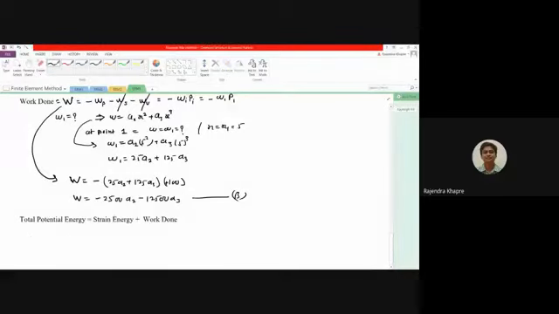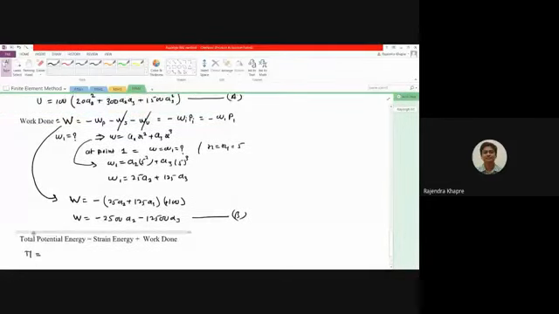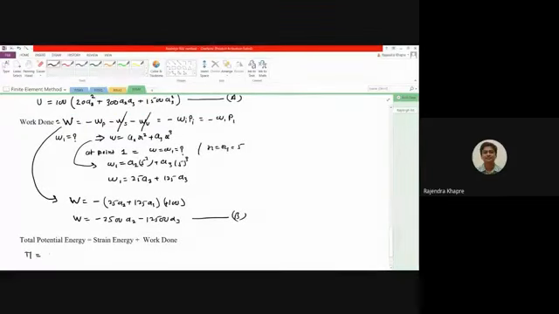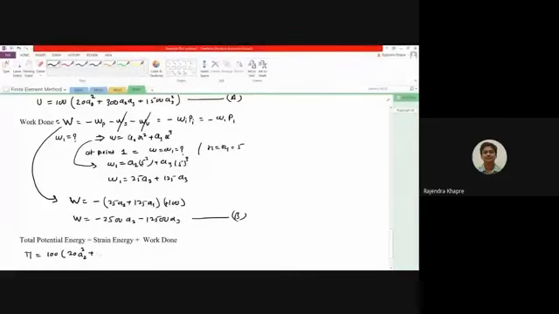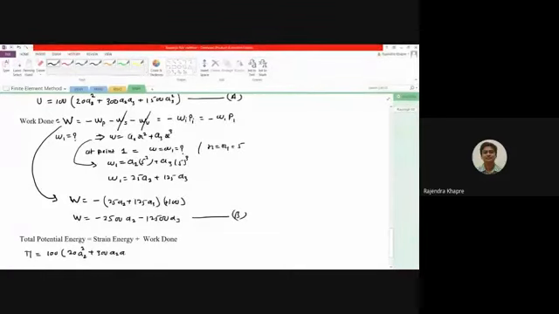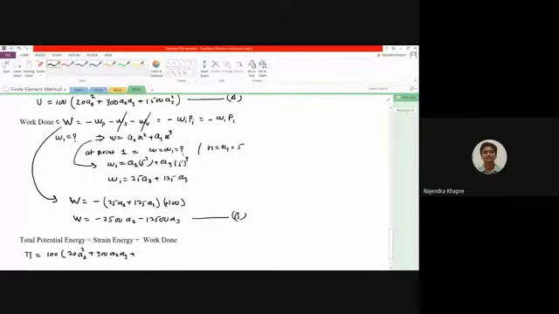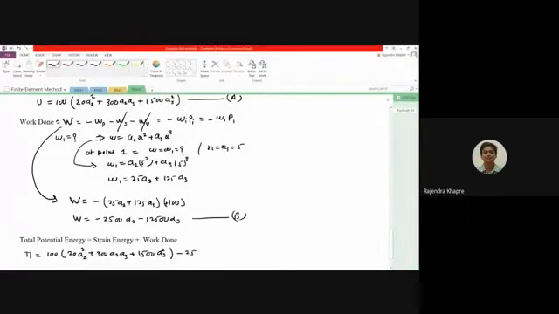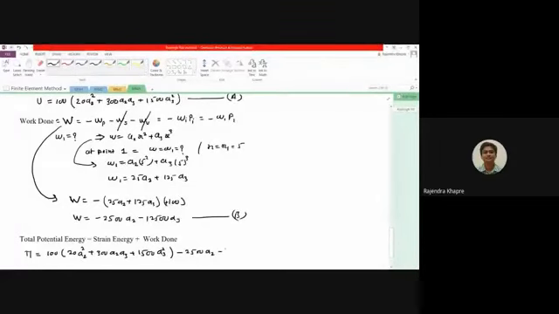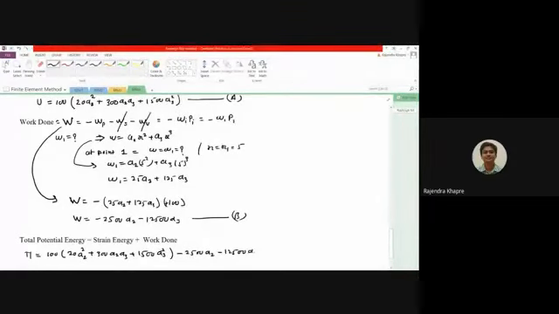So this pi value can now be written as 100 into 20 times A2 square plus 300 A2 A3 plus 1500 A3 square, so this is the strain energy, minus the work done, which is 2500 A2 minus 12500 A3.